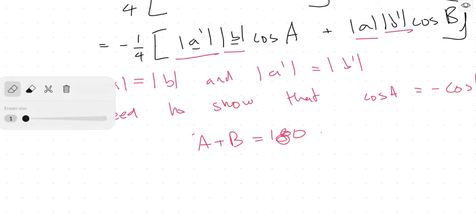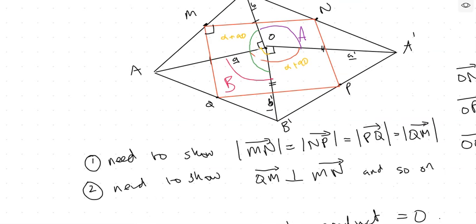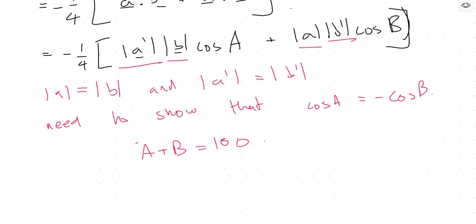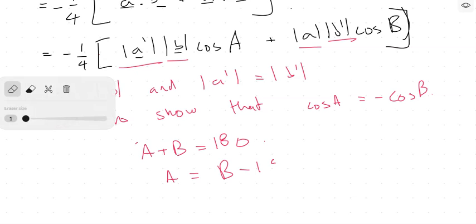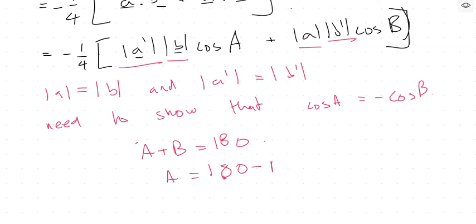That's terrible, let me draw that again. A plus B is equal to 180. You just look at that, the whole thing is 360, and then you've got two right angles. There we go. So A is equal to 180 minus B.